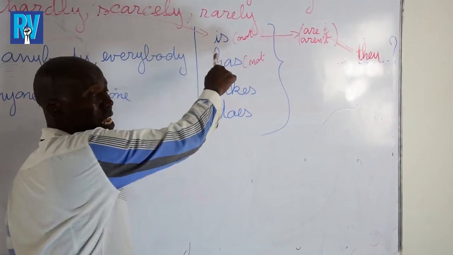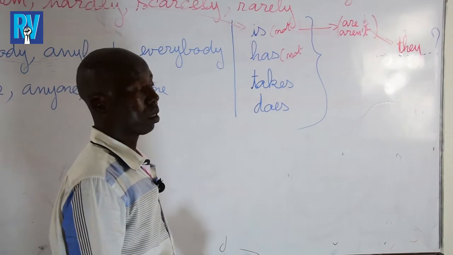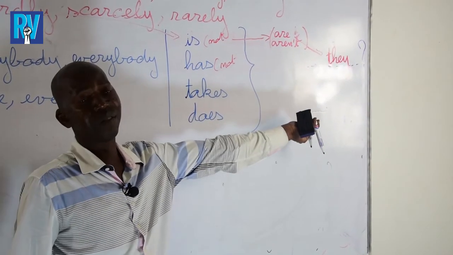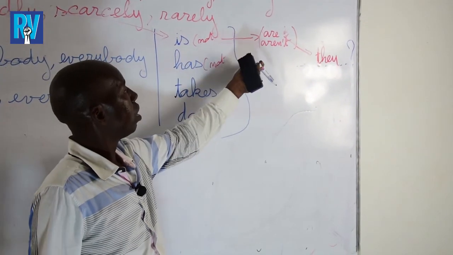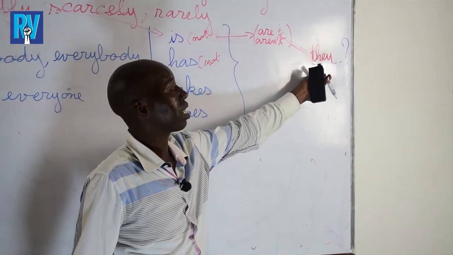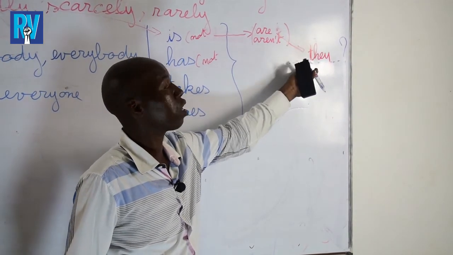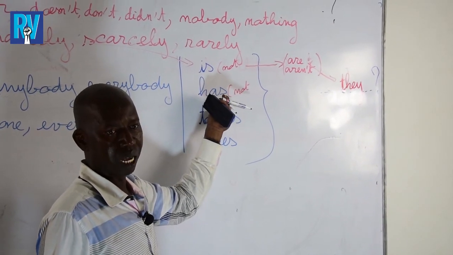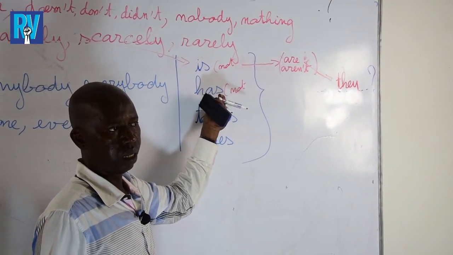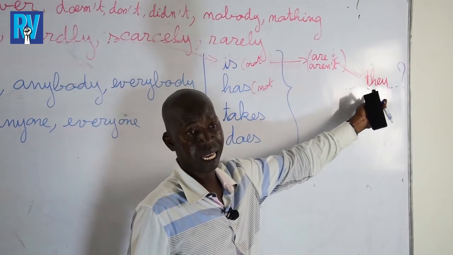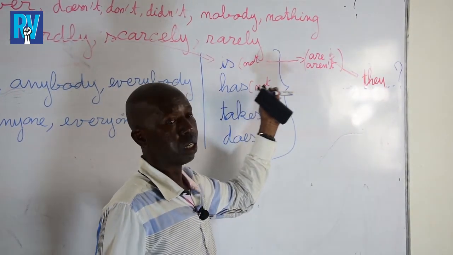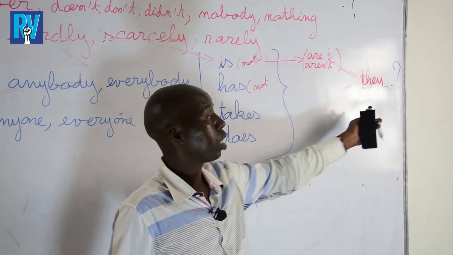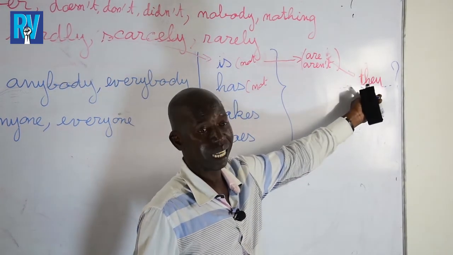Dans la phrase, on avait is. Mais le is ne s'accorde pas avec les they. Donc, dans le cas, le verbe to be, on va l'accorder avec les they. On va avoir are they or aren't they. Ça, c'est la troisième personne. We have the third person, which cannot go with they. Troisième personne ne peut pas aller avec un pluriel. Donc, le verbe va s'accorder avec les they.